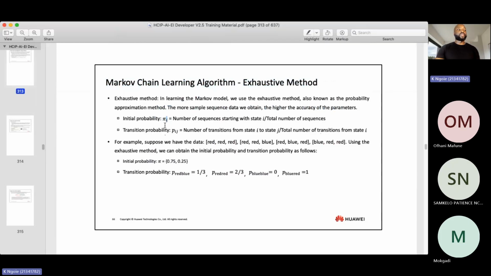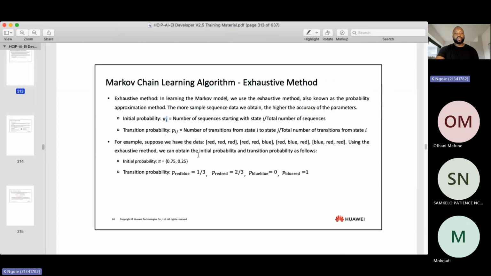So for the initial probability, we take the number of sequences starting with a certain state, divided by the total sequences. And we can calculate the transition probability as well, which is the number of transitions from a certain point to another point, divided by the total transitions.